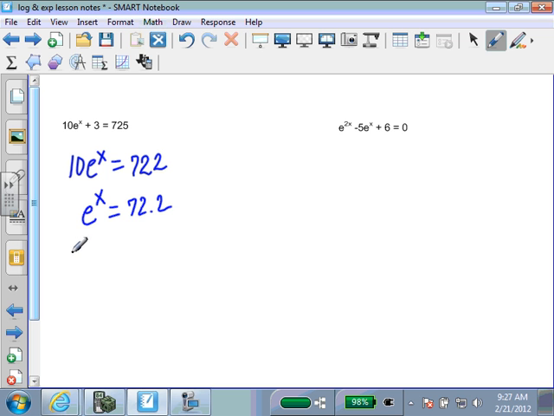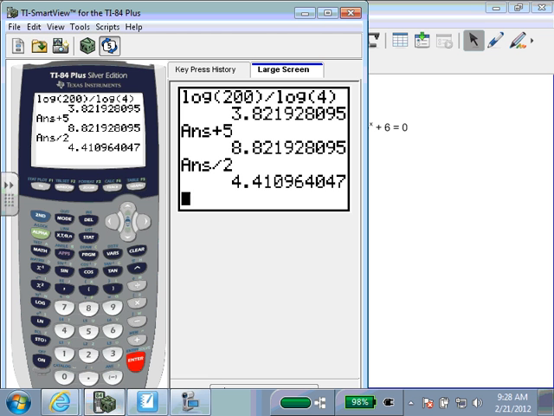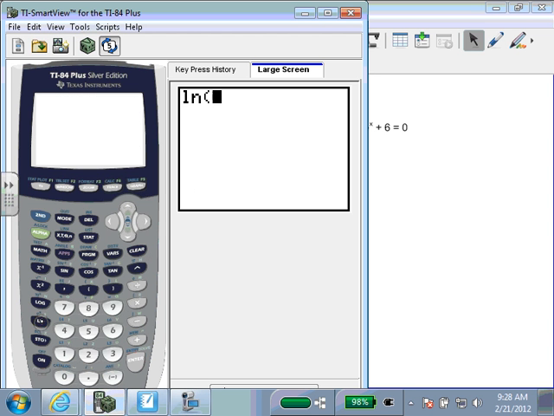So if I go to log form, it would be log base e of 72.2 equals x. Hopefully we recognize log base e as natural log of 72.2 equals x. I do not know the natural log of 72.2. Natural log of 72.2 is approximately 4.279.